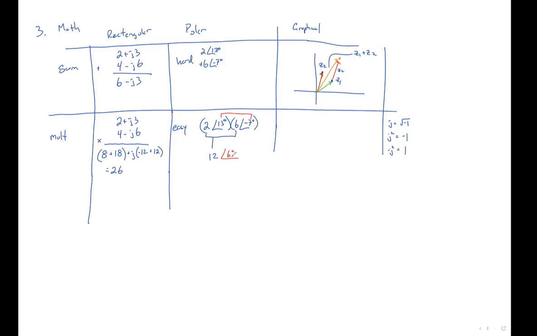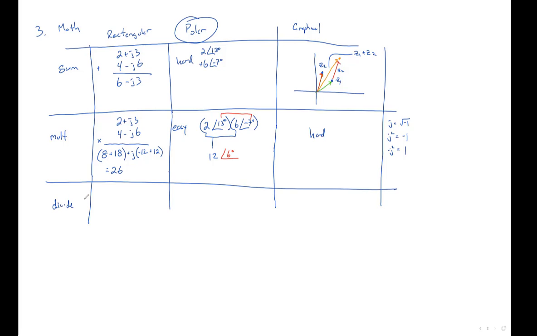And graphical, it's going to be hard. We're not going to touch that one. Now, this is helpful because normally in electrical engineering we are multiplying and dividing. Ohm's law is all about multiplying and dividing. It's not about adding. And that's one of the reasons why we prefer polar, because it's so much easier.